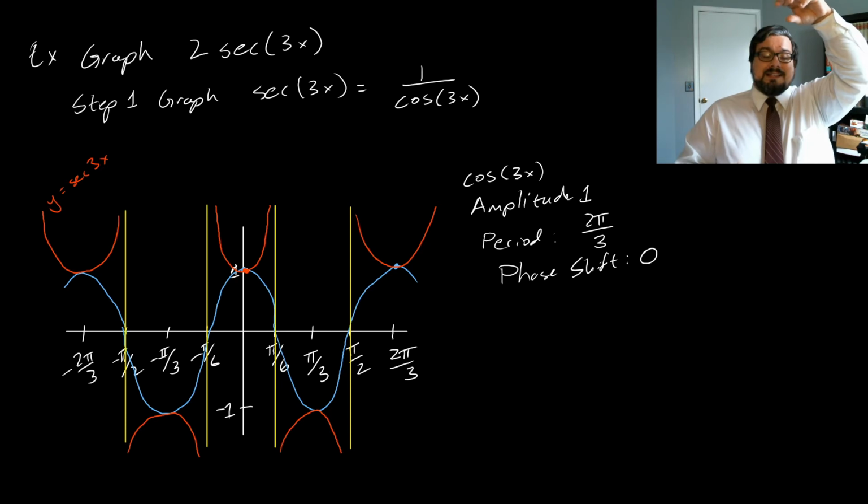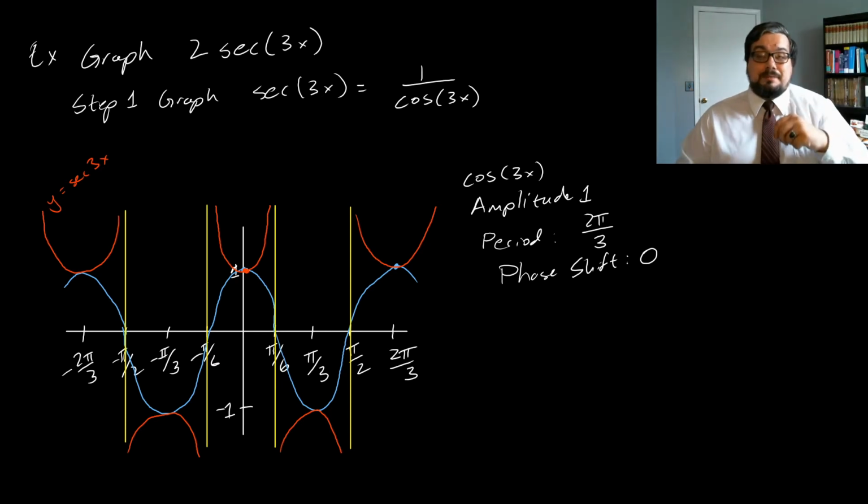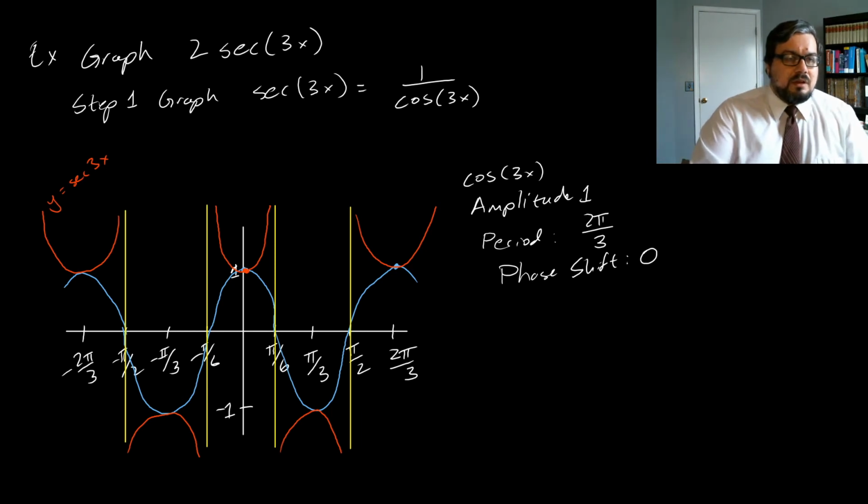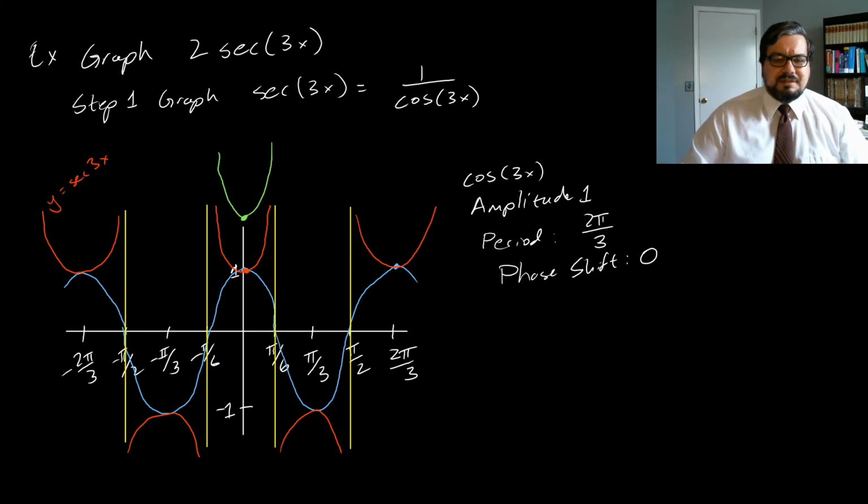Or in other words, it takes every y coordinate of the graph and multiplies it by 2. So if we take this red graph and stretch it out vertically by a factor of 2, it's going to look like this.